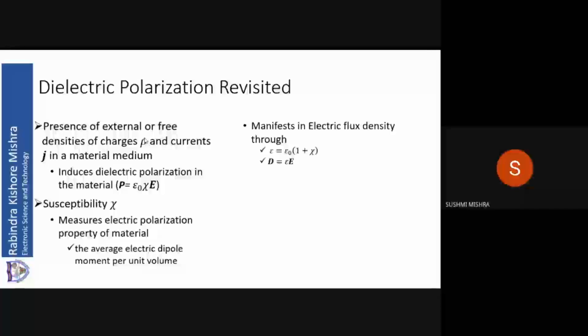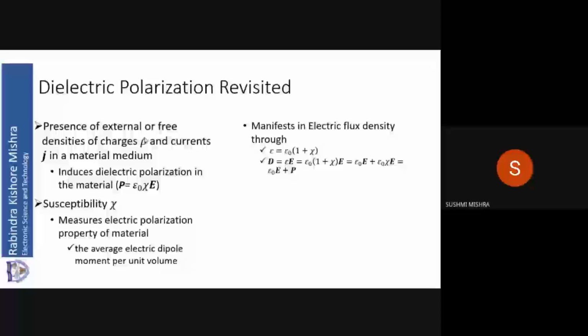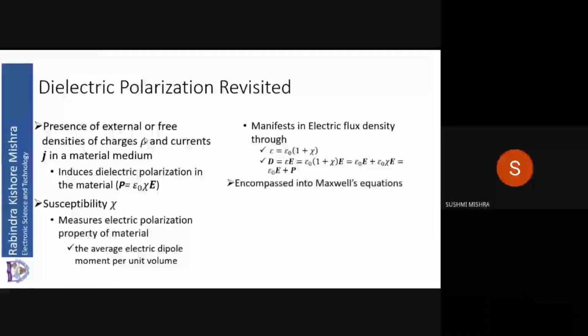Use that in the flux density equation. D is equal to epsilon E. Epsilon is equal to epsilon 0 into 1 plus xi. So that into E, that is equal to epsilon 0 E plus epsilon 0 xi E. That is equal to, first part remains as it is, epsilon 0 E, plus the second part we have seen, P is equal to epsilon 0 xi E. So epsilon 0 xi E, I can write P. P is the dielectric polarization.